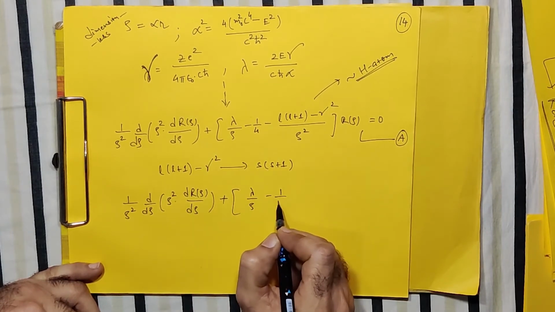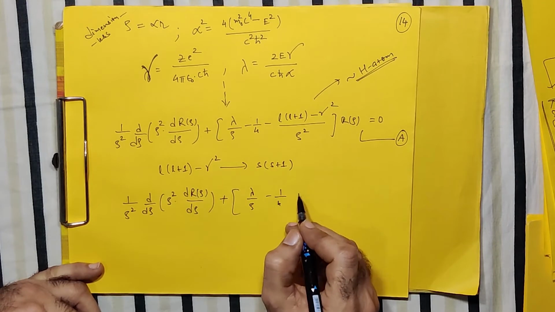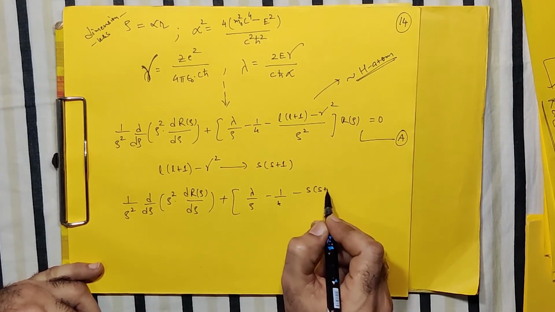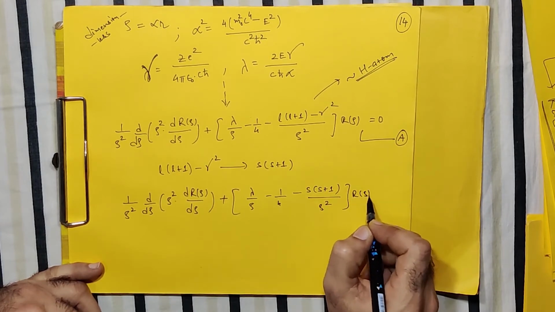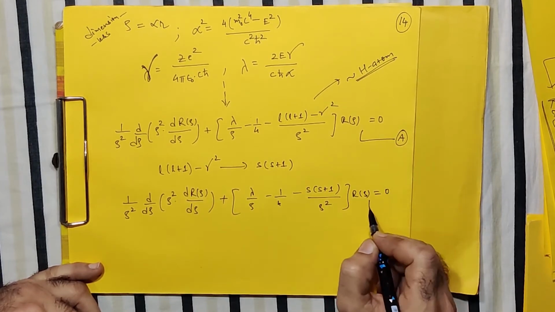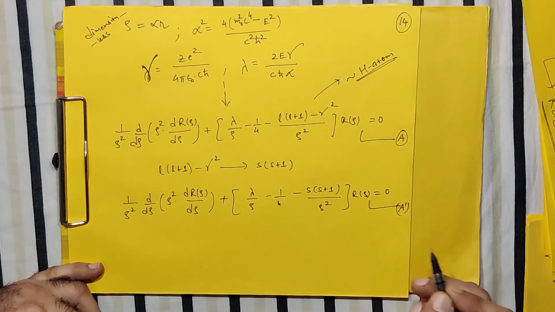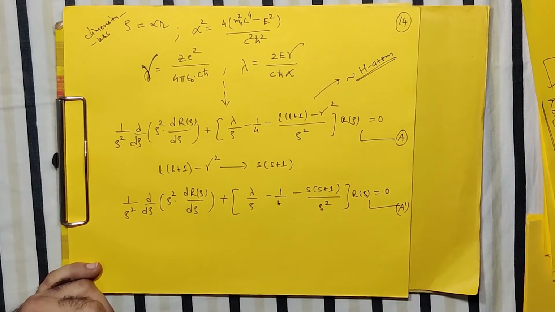Correct? It is same mathematically, there is no change as such, and this is what we write. So my procedure of calculation will also go in a similar way. This is as it is the same equation, so I call it as A dash.